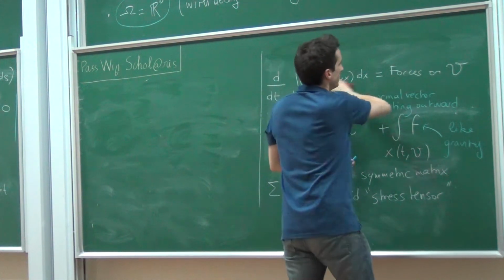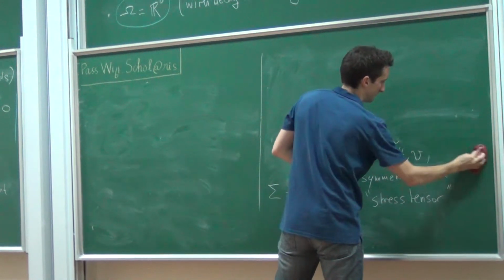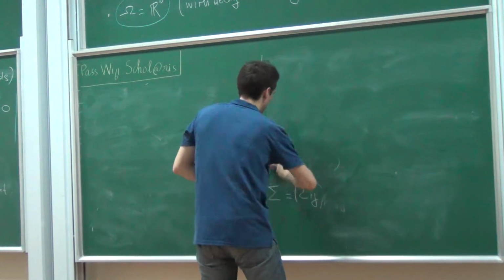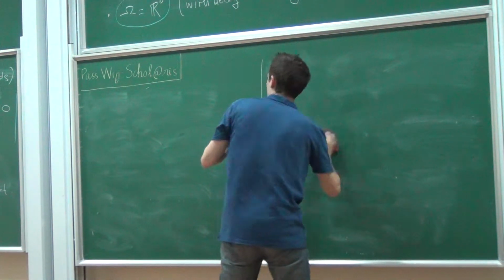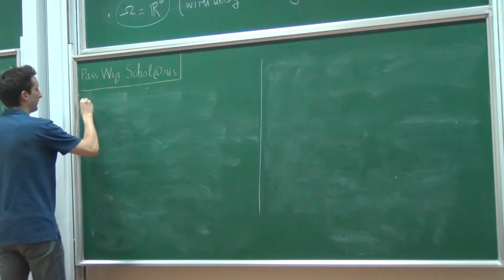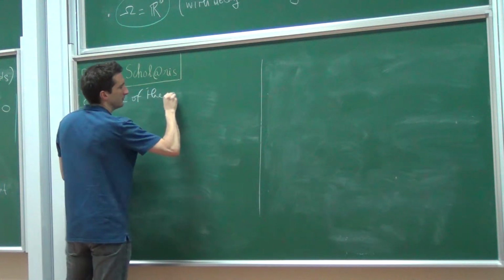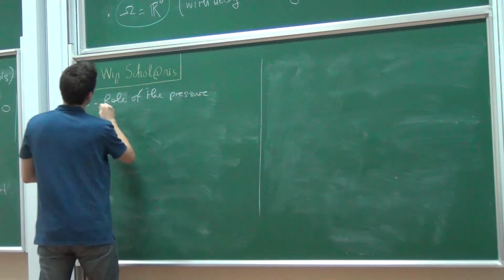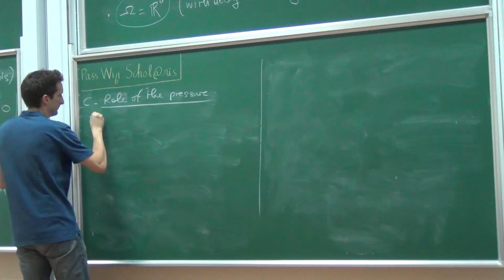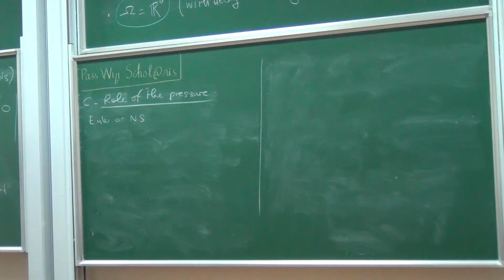So now you have the equations, you have the boundary conditions. I would like to come back to the role of the pressure here. So, for the Euler system that is closed, how many equations do you have?